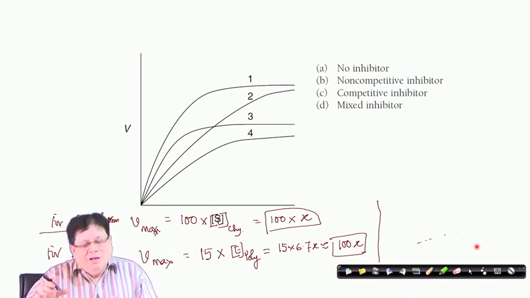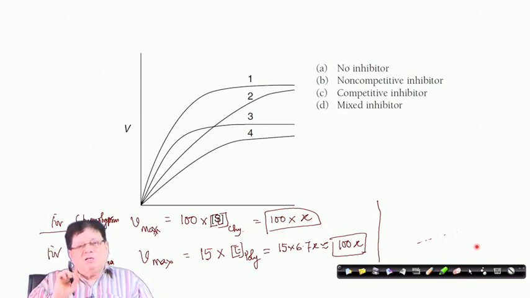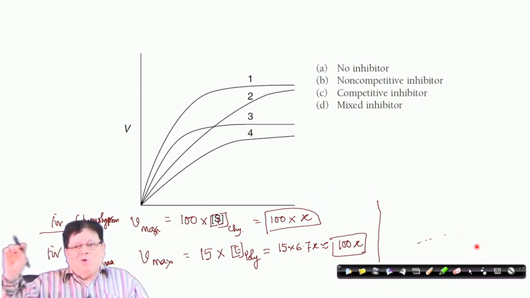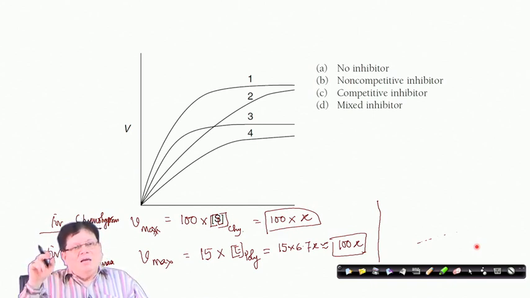I told you that enzyme efficiency is inversely proportional to Km, because the higher the Km, the more will be the dissociation of ES complex. That means, less will be the concentration of the ES complex, and it is only from the ES complex that the product is generated. Okay. So, higher Km means lower ES concentration.